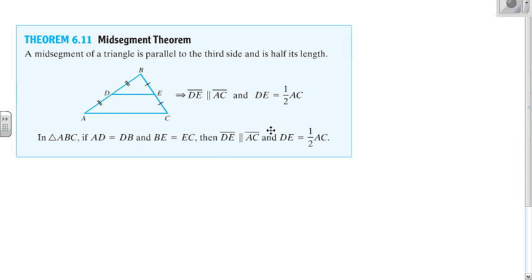Next we have the mid-segment theorem. It says that a mid-segment, which connects the two midpoints, is parallel to the third side. So they would be parallel, and it's exactly half its length. Well, parallel comes about basically because of our previous theorem we just talked about.